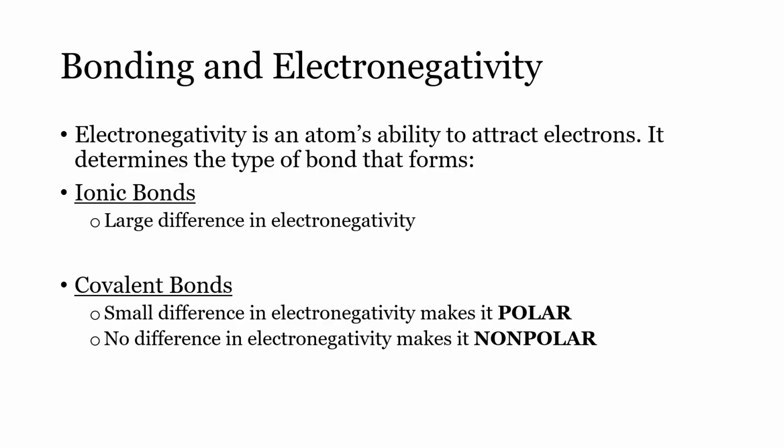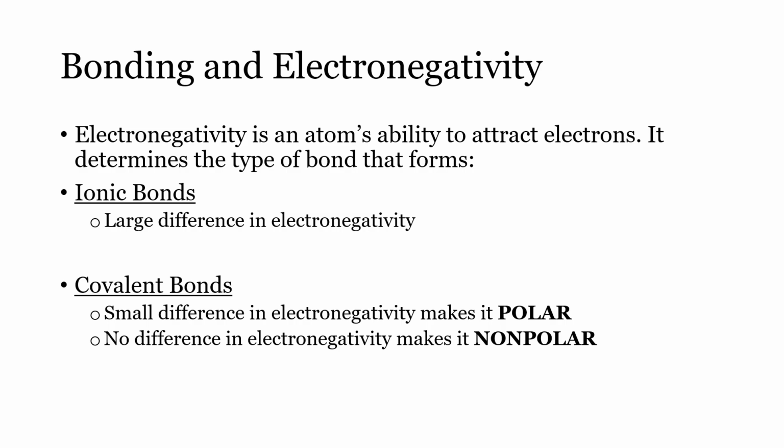A small difference in electronegativity will make it polar. Whenever we have nonmetals, they have closer electronegativities. So if they have a small difference in electronegativity, it will make it polar. But if we do not have a difference in electronegativity, it will make it nonpolar. A really good example of polar would be water, H2O.